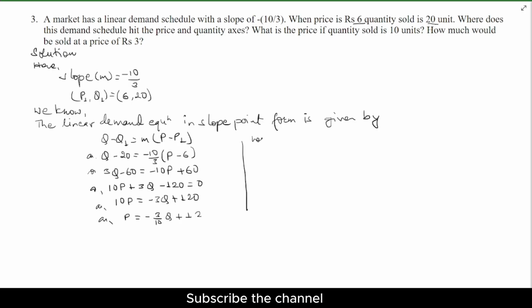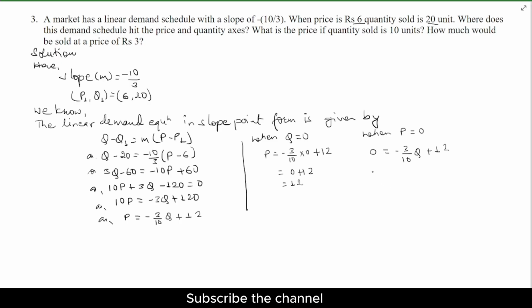Now when the quantity is 0, then what will the price be? The price will be P equals minus 3 by 10 into 0 plus 12. It is 0 plus 12, which equals 12. And then when price equals 0, then 0 equals minus 3 by 10 Q plus 12.